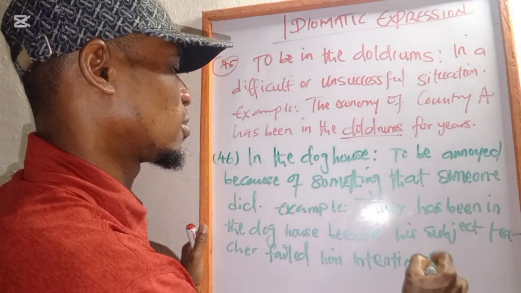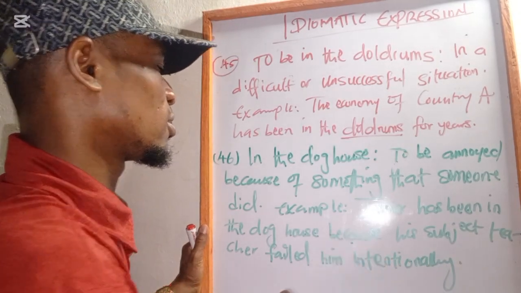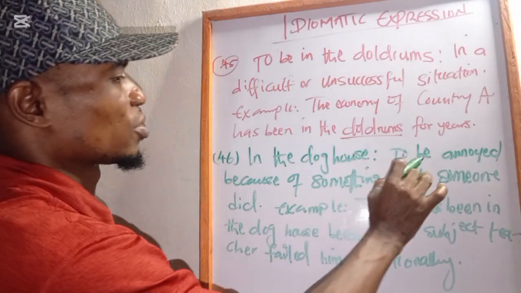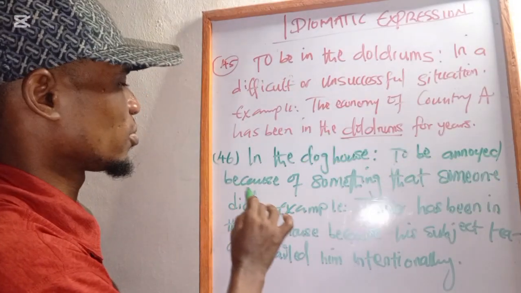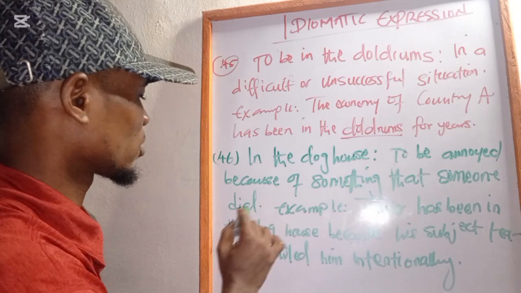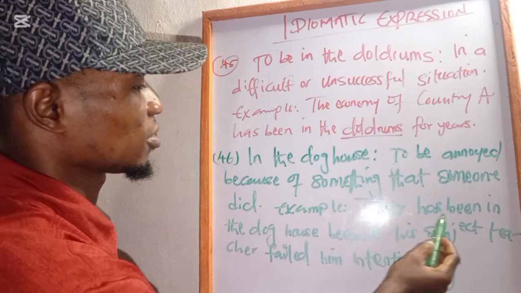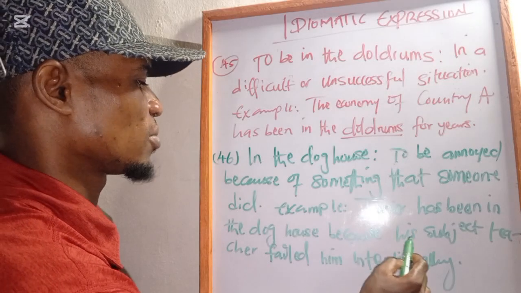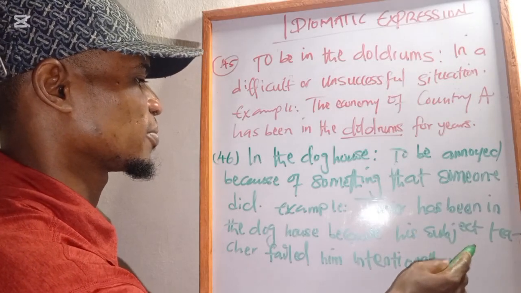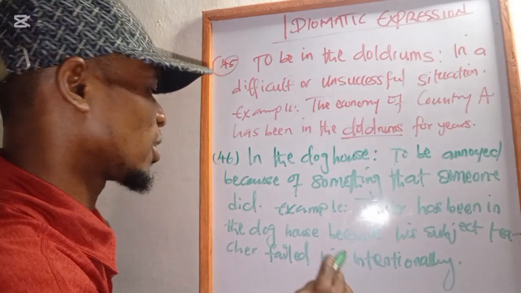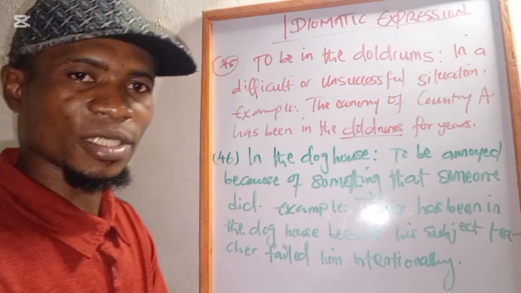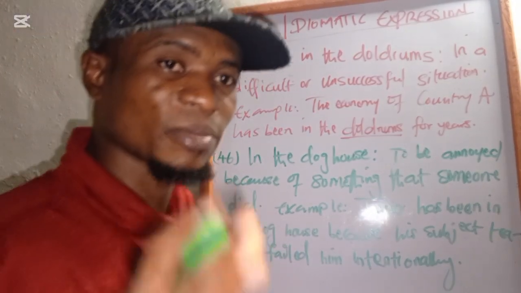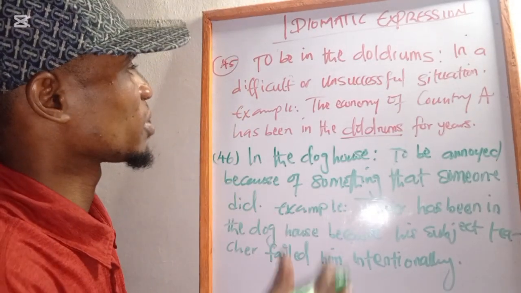His subject teacher failed him intentionally. So in the doghouse means to be annoyed because of something that someone did. Example: Junior has been in the doghouse because his subject teacher failed him intentionally. So he has been what?